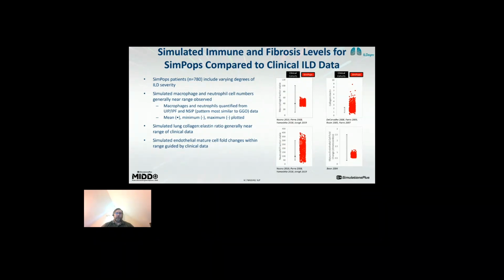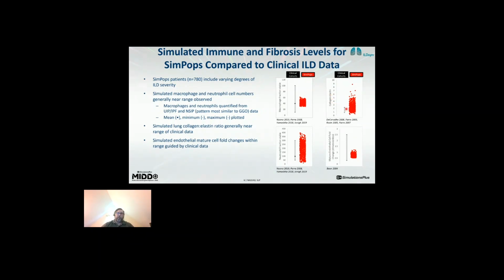each. In some cases, we're going beyond the clinical data. In some cases, we're getting a reasonable spread within the clinical data, and in both macrophages and neutrophils, we have a decent spread, which you want different individuals to be represented. And then in the right column, we have a collagen to elastin ratio, so that's a fibrotic output.